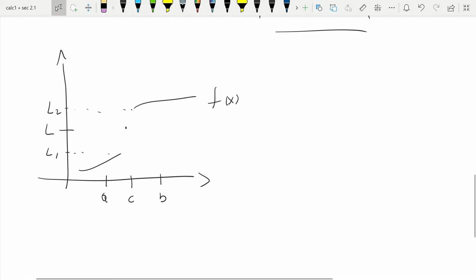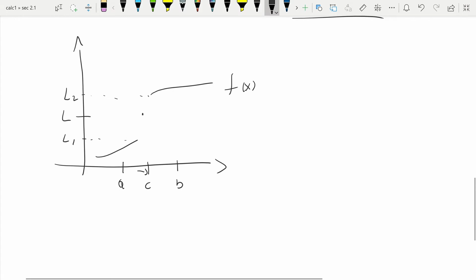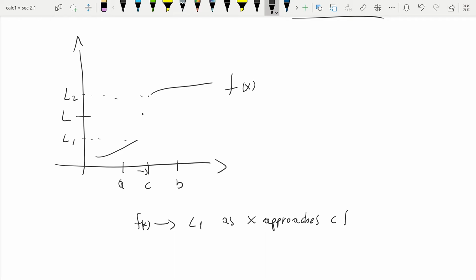In this situation, we see that if we approach c from the left, f of x is approaching L1 as x approaches c from the left.